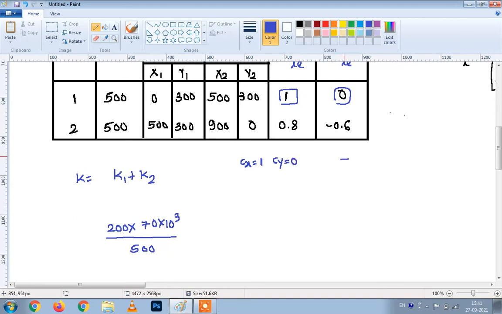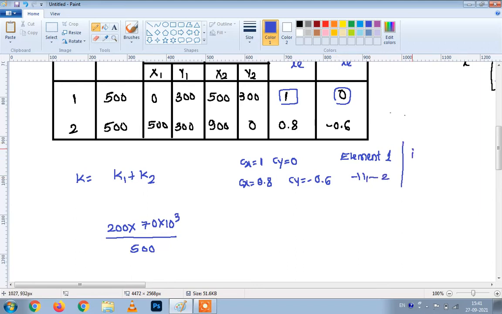This is for element number 1. For element number 2, Cx is equal to 0.8 and Cy is equal to minus 0.6.